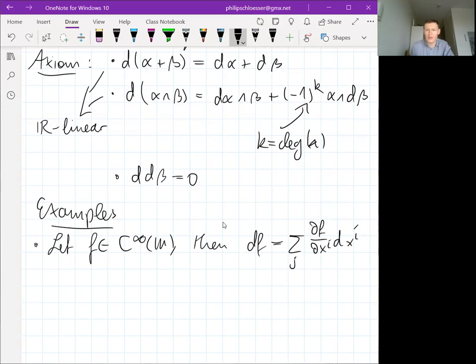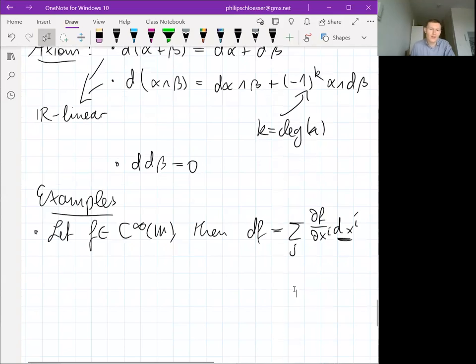So it's basically the expansion in a basis, or we can write it as a column vector, namely as df/dx1, and so on, up to df/dxn.